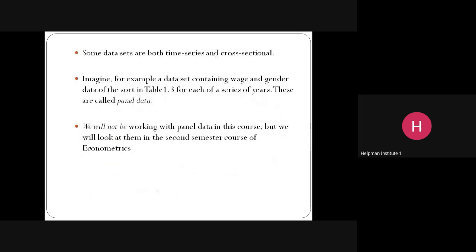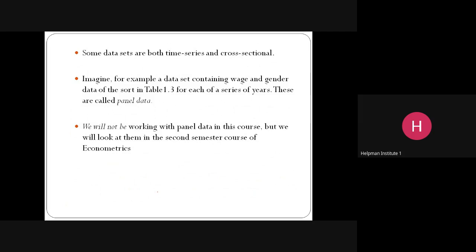Now, some data sets are both time series and cross-sectional. Like I explained earlier, those data sets that are both time series and cross-sectional are called panel data. And we're going to look at them more when we are dealing with econometrics. Now imagine, for example, a data set containing wage and gender data of the sort in table 1.3.